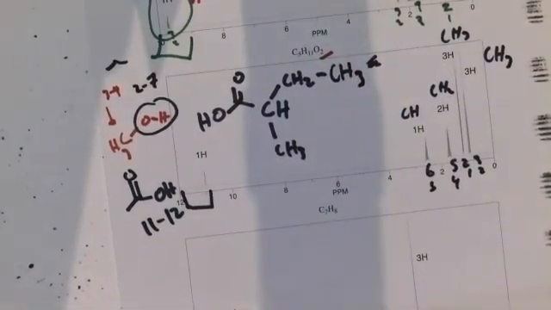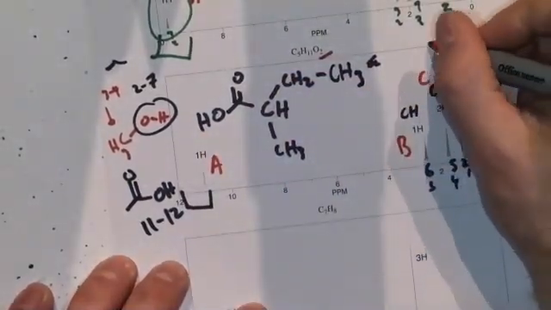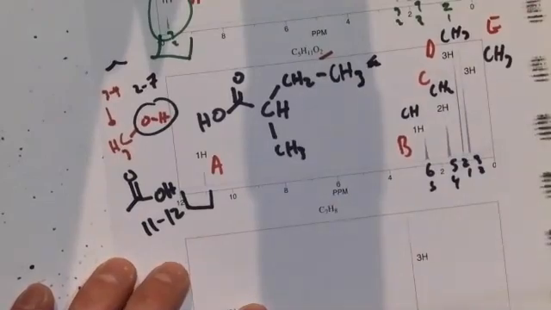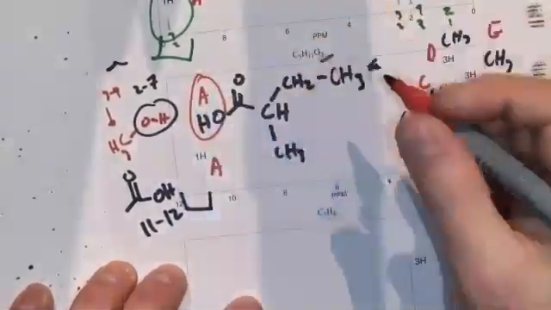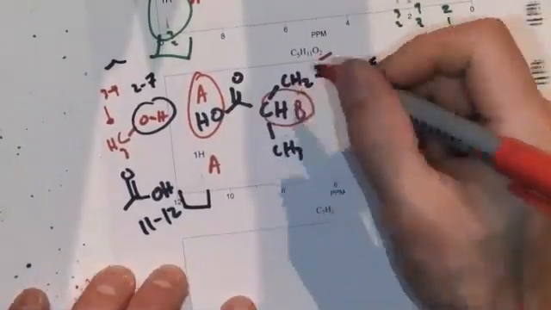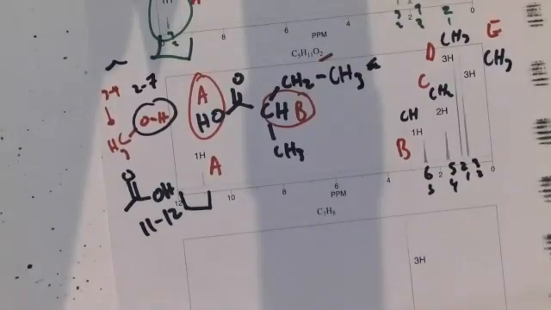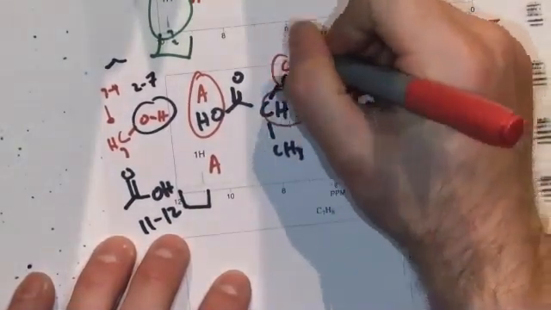If we want to go back and label them A, B, C, D, E here. A is our carboxylic acid. B is the H from our CH, our only CH option. C is our only CH2.